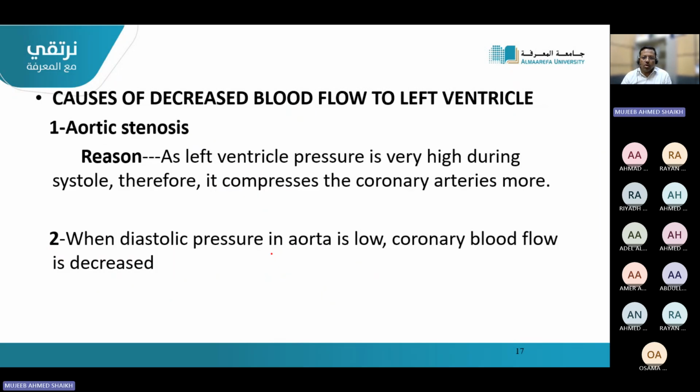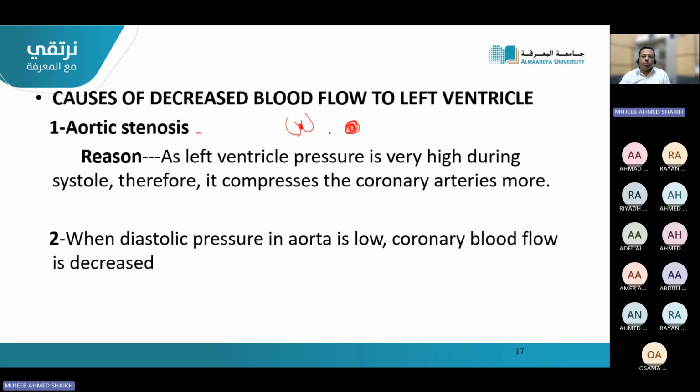Okay, what is the cause of decreased blood flow to the left ventricle during aortic stenosis? Aortic stenosis means what? A failure of the valves. A constricted valve. The opening is very small, not opening properly.